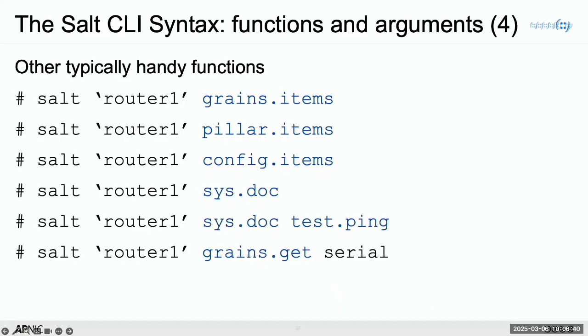These are the different functions that we can use against the devices like grains.items, pillar.items, config.items, sys.doc, and similarly you can give multiple functions. If you want to get a specific thing, here we are using a function and then passing the argument, like we want to get the serial number, so we are interested only in that.